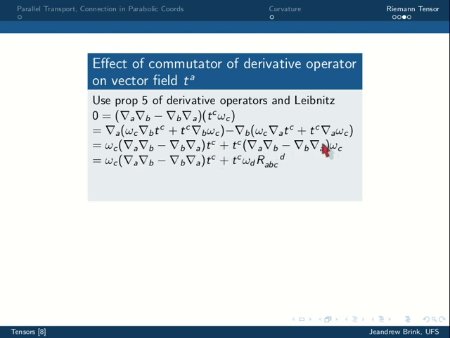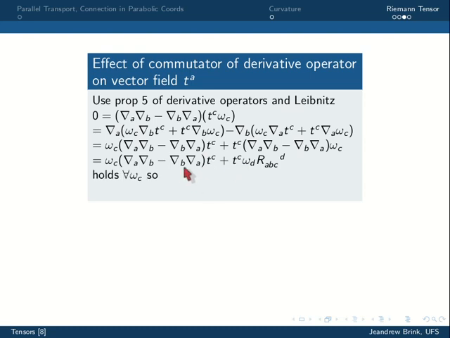And so we can simply replace our definition of our Riemann tensor as the commutator of the derivative operator applied to the one form over there, and therefore get what the commutator of the derivative operator applied to the vector field is from that.